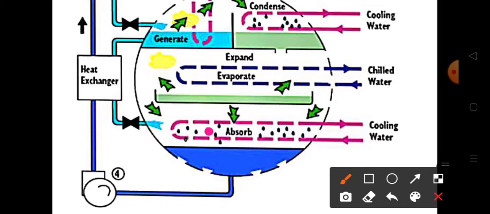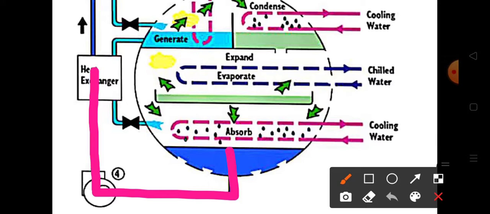After that, this water is absorbed by this lithium bromide, means here a solution is obtained. That solution contains both water and lithium bromide, which is also known as strong solution of water and lithium bromide. This strong solution, from this tube with the help of this pump, passes through the heat exchanger.